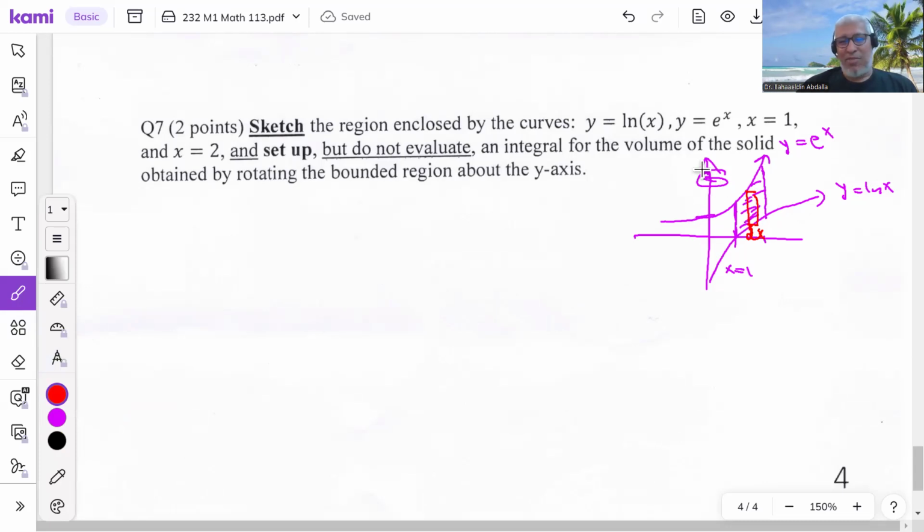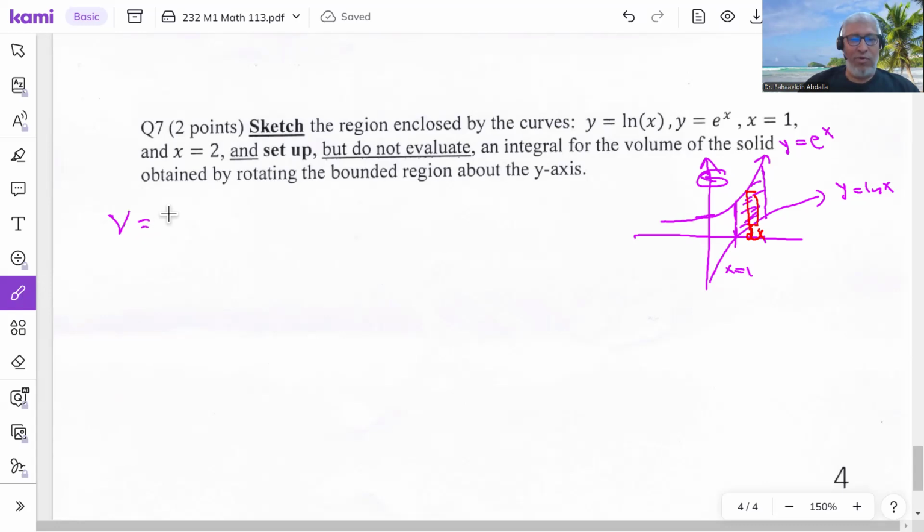But the axis of rotation is the y-axis. So the rectangle in this case would be parallel to the axis of rotation. So when you rotate this rectangle about the y-axis, you will not get a disk. You will get a cylinder. So you have to use the formula of cylindrical shells.